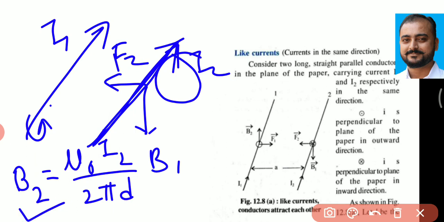Now, what is the direction of this magnetic field? To find the direction of the magnetic field, we simply use the right hand thumb formula.